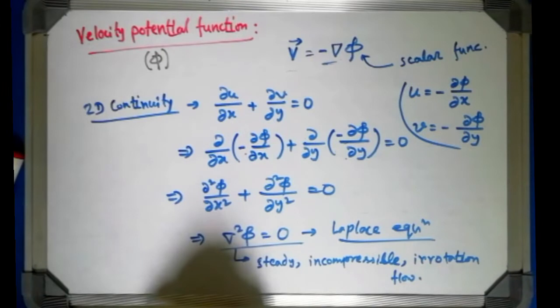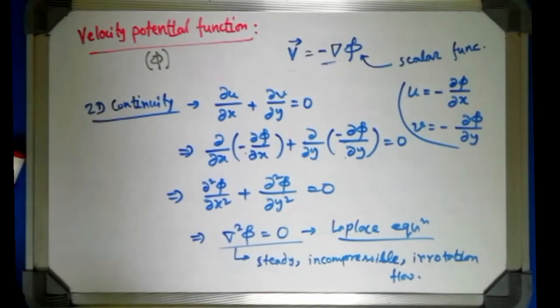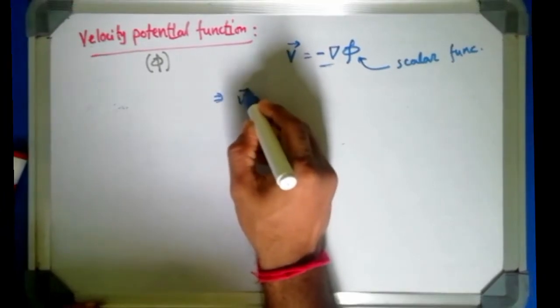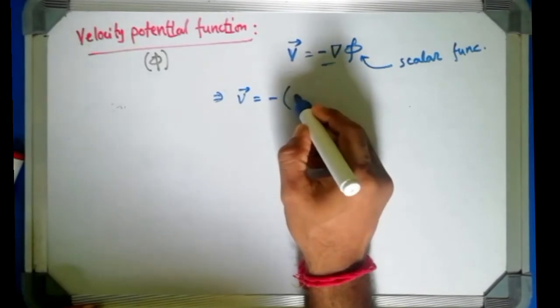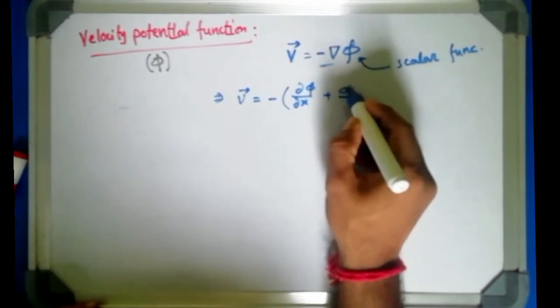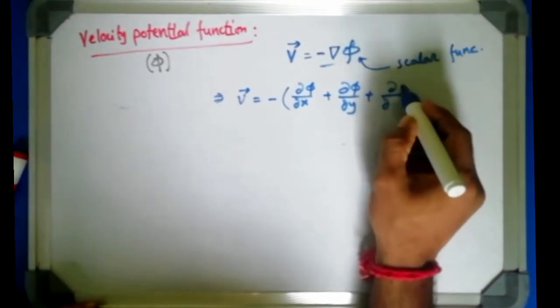If the velocity potential function satisfies the Laplace equation, okay, now see, from this divergence part I can write that the velocity vector v can be written in this pattern also: del phi del x plus del phi del y plus del phi del z.